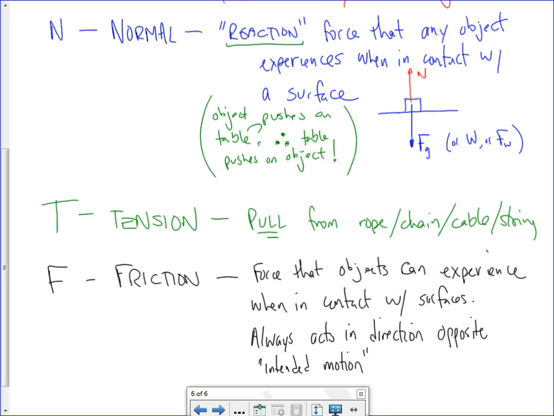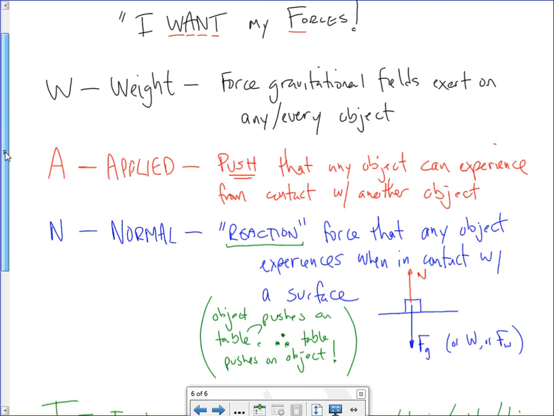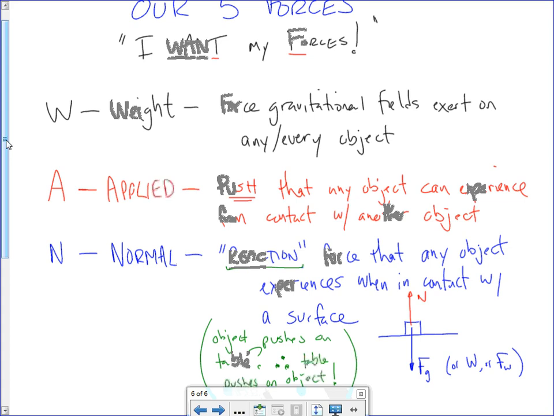All right, notice there's 2 main categories. There are forces that fields exert. I hope there are 3 kinds of fields that we'll talk about: gravitational fields, electric fields, and magnetic fields, and those fields can exert forces on other objects depending on their characteristics.